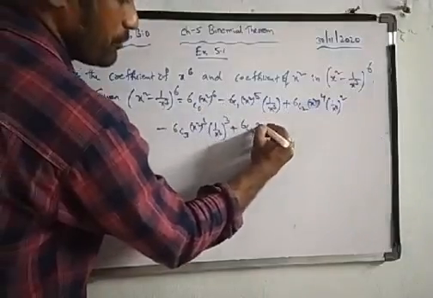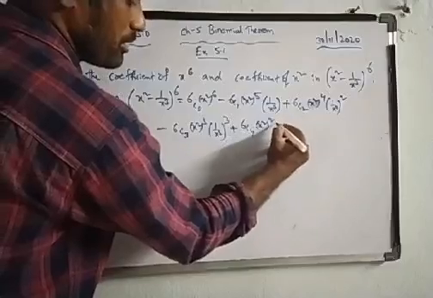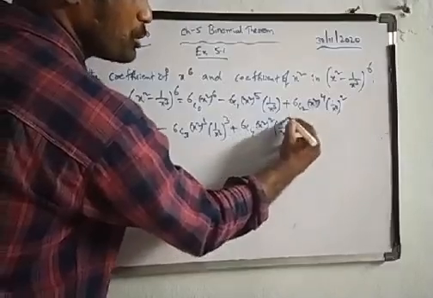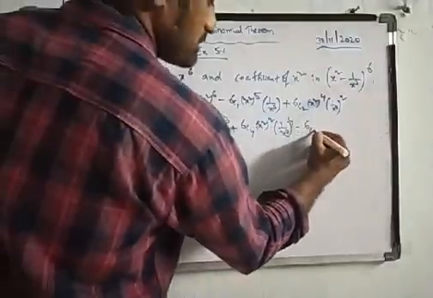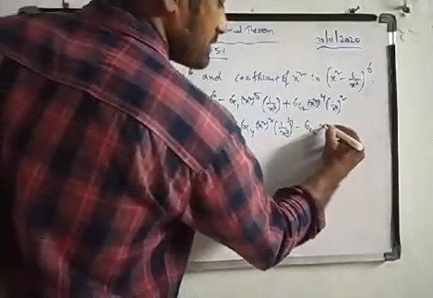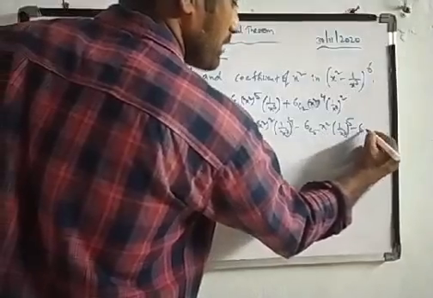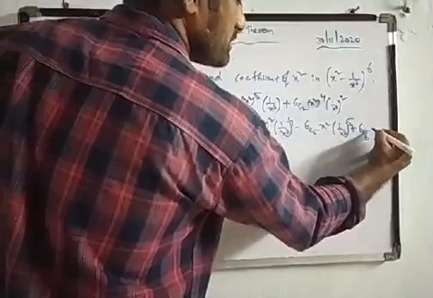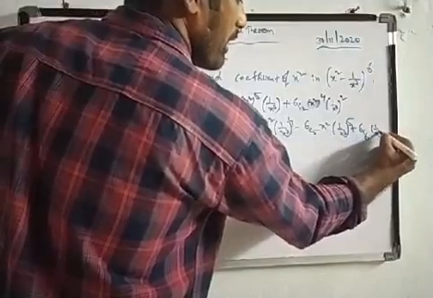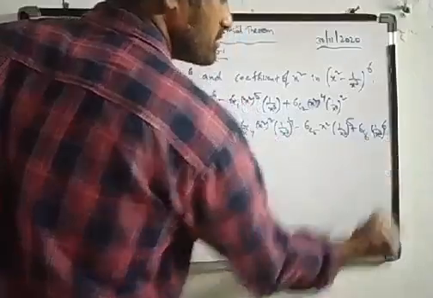So 6C4 (x square) whole square (1 by x cube) whole to the power of 4 minus 6C5 (x square) into (1 by x cube) whole to the power of 5 plus 6C6 (1 by x cube) whole to the power of 6.